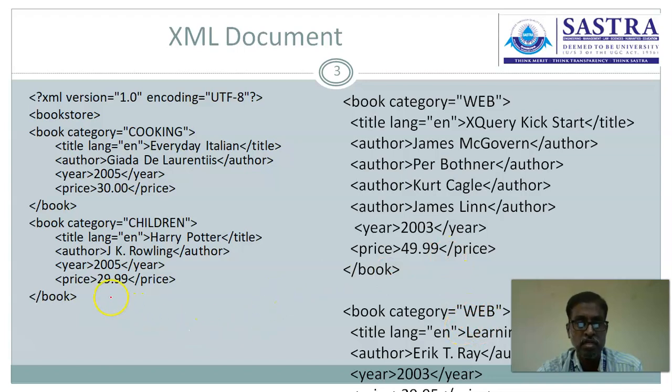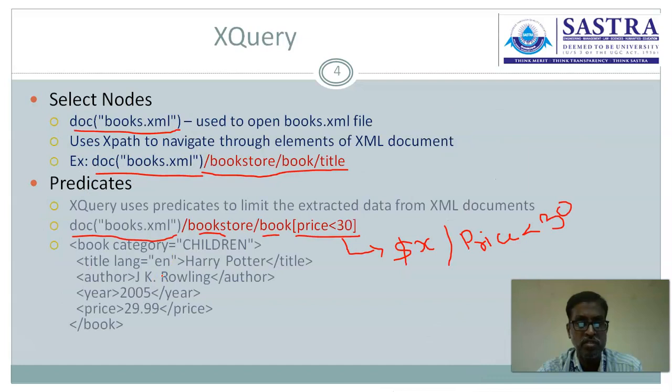So only one book satisfies that condition, so we get that book's details, because I want to print book details in which I include one predicate, price less than 30.